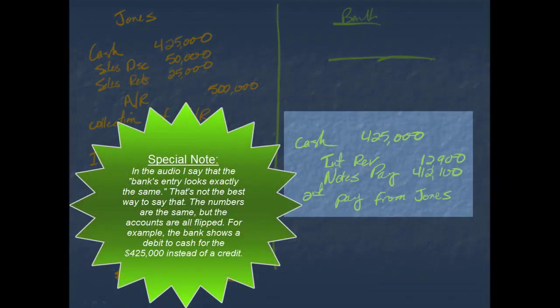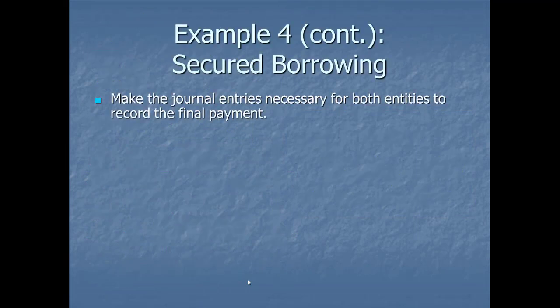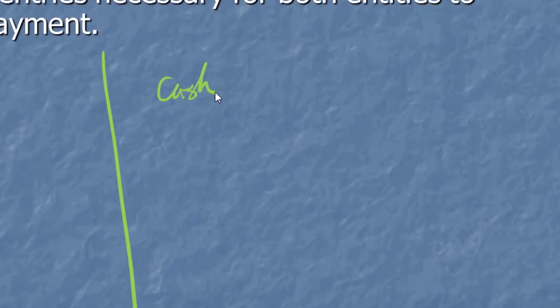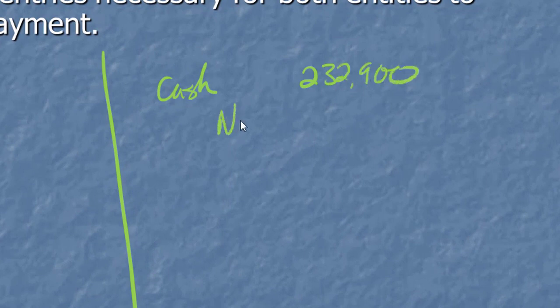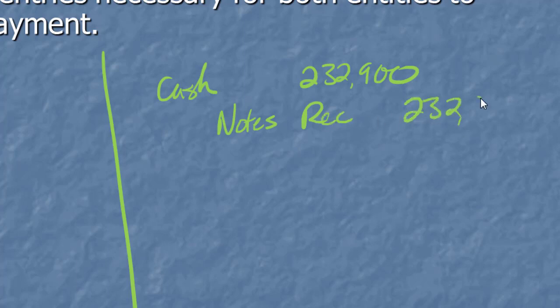Now let's take a look at one last entry, and that is what happens at the end of the 6 months. This was just a 6-month loan. It was not a term undefined until all of your receivables have come in and you've paid it off. There's a deadline here. And unfortunately, Jones didn't get enough of their receivables back to get the payments taken care of for them. Instead, they're going to have to cough up some of the money themselves. So from the bank's perspective, they're going to get cash of $232,900 and notes receivable $232,900.